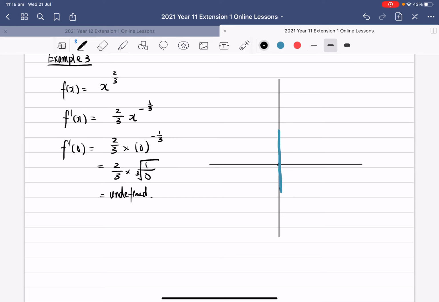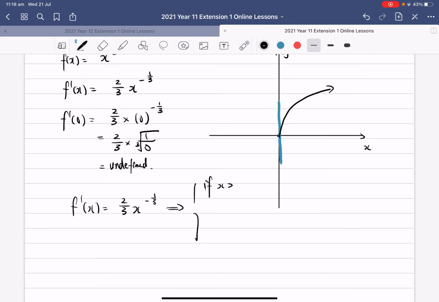Which means the curve is increasing on this side. How do I know the curve is increasing? We didn't really talk about this before, but I can show you. We've got f'(x) equal to 2 over 3 x to the power of negative 1/3. So we can break that into two parts.